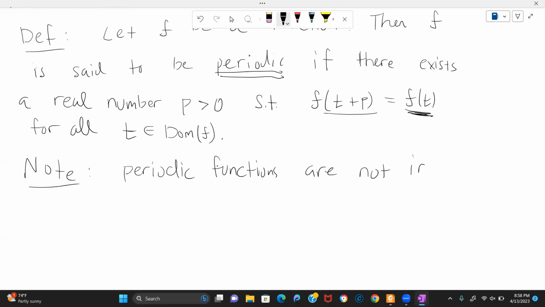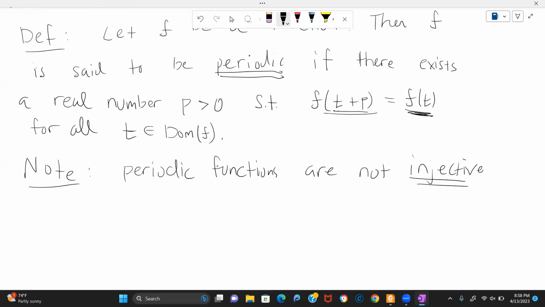It's baked into the definition of periodic. Remember, injective means that if you have two distinct points, then when you evaluate the function at them, the outputs are distinct.